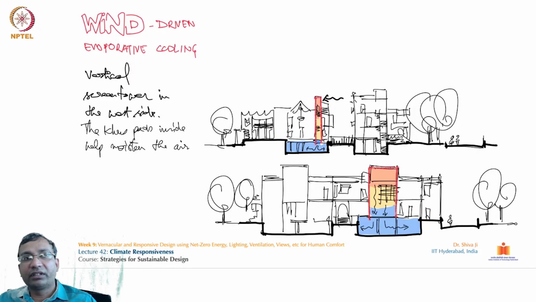Further to this, in wind driven evaporative cooling, there are some more examples in this area, even utilizing the vegetation: at what distance they should be, and what height these trees should be to have a shading effect on the building, creating a buffer zone of air, creating a cooler ambient temperature in this vicinity.